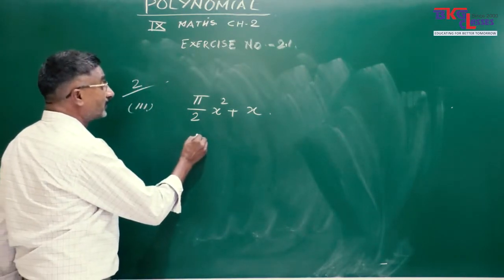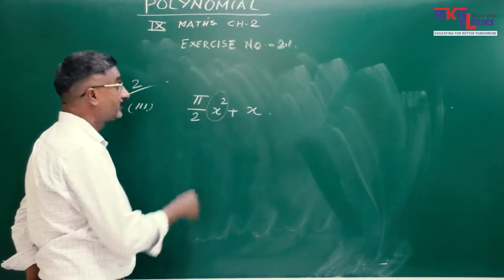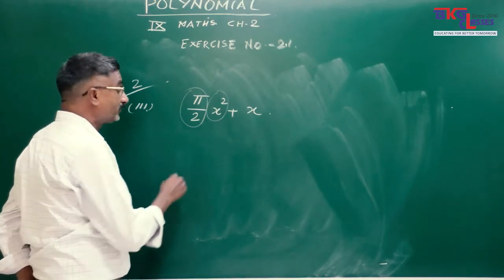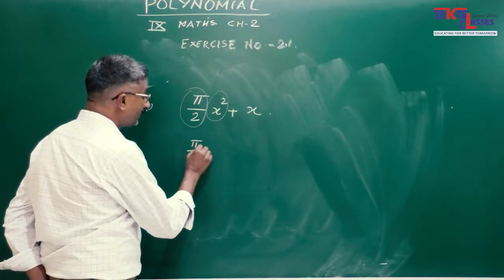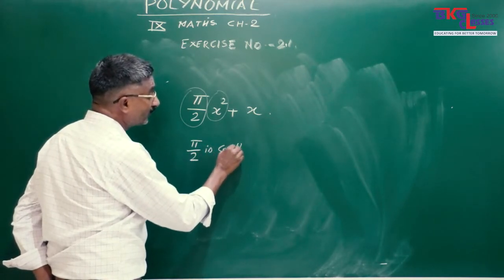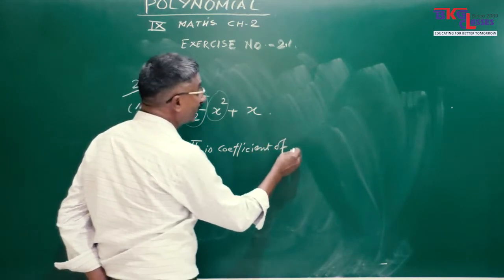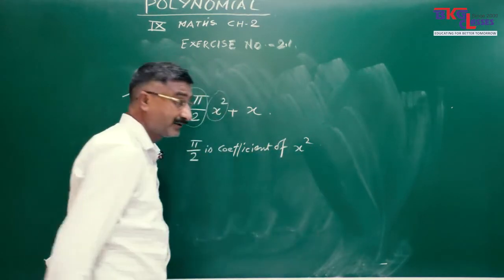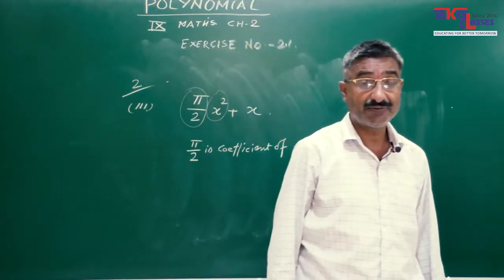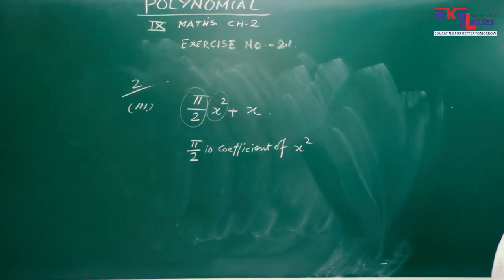So again, this is x square, the multiplying constant is pi by 2, so pi by 2 is the coefficient of x square. As in the question it is being asked, write down the coefficient of x square. So pi by 2 is the coefficient of x square.